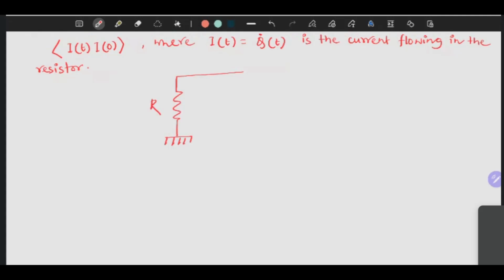This is R, this is the capacitor, this is C, let's say this is charge Q and voltage is psi. So this is the figure.